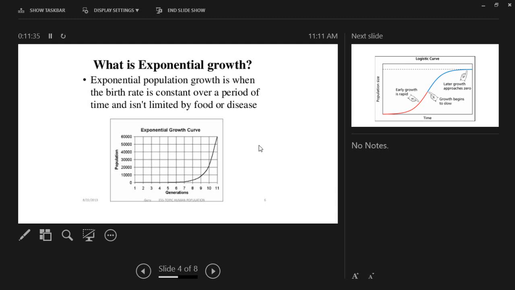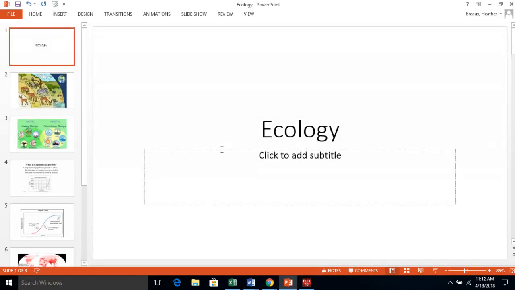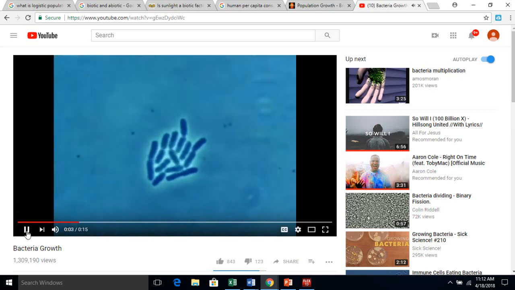I'll show you. 1,000, now we're 2,000. It's so cool to watch bacteria grow. Here it is. You ready? It's fast. Bacteria reproduce very simply and rapidly by doubling their contents and splitting in two.